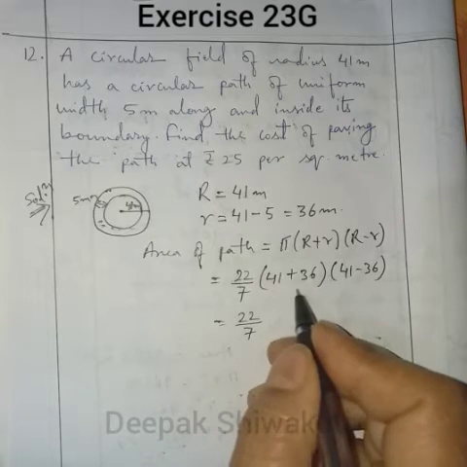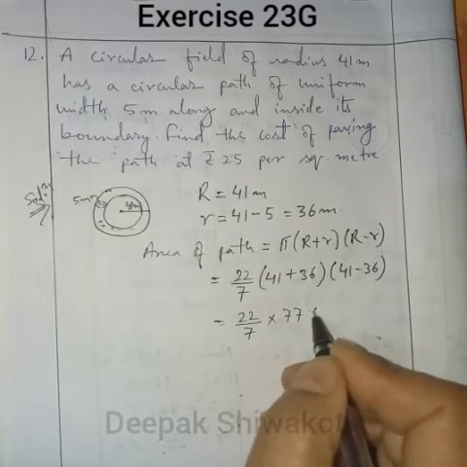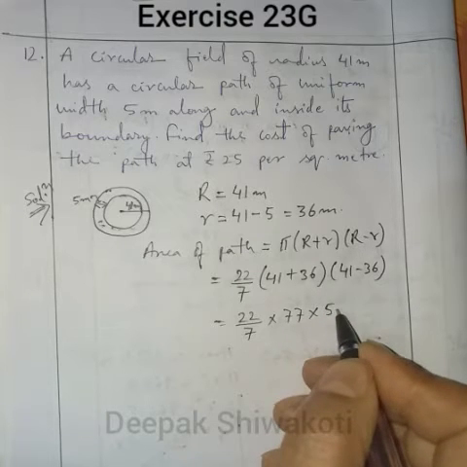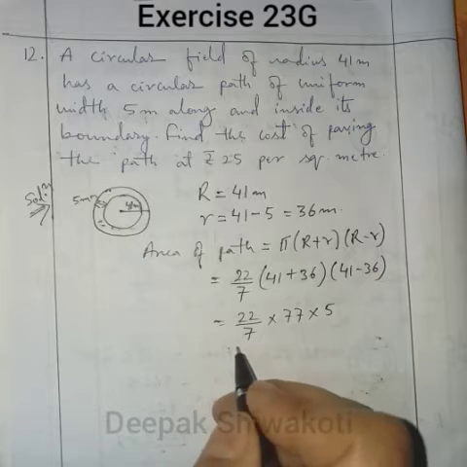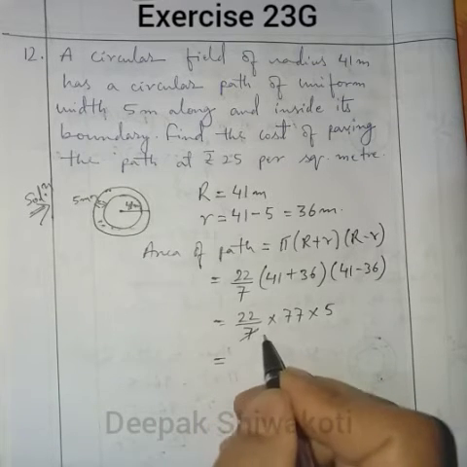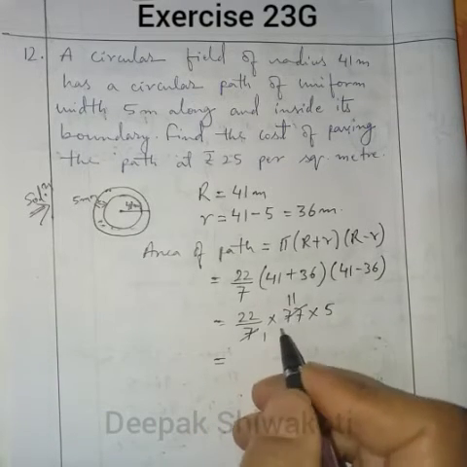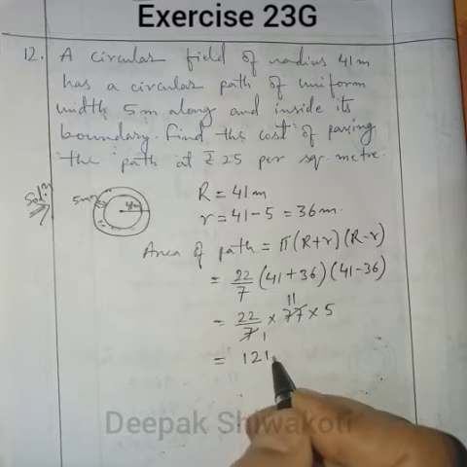Sum is 77 and the difference is 5. Now by calculating this, we'll get the area of this path. So it is 1210.